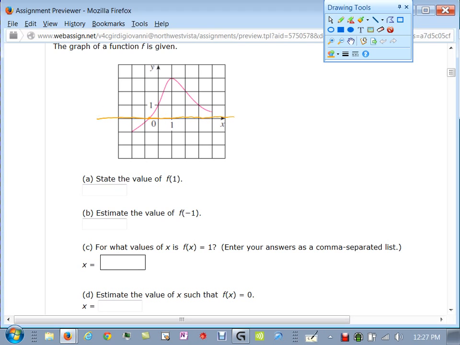Where does that hit the function? It looks like it happens here, at about -0.75, something like that. So I'd say -0.75. It's estimating, right? In these two problems, we were just looking to get the best value we could find. All right. Next question.